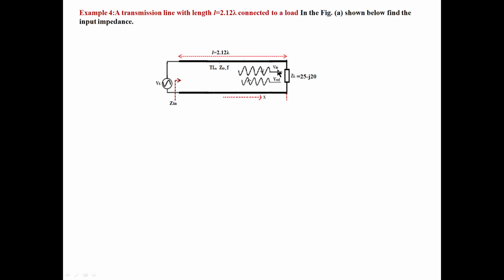What they are asking is the input impedance here. The overall length of the line is given as 2.12 lambda, and the load is connected here. What is the input impedance?